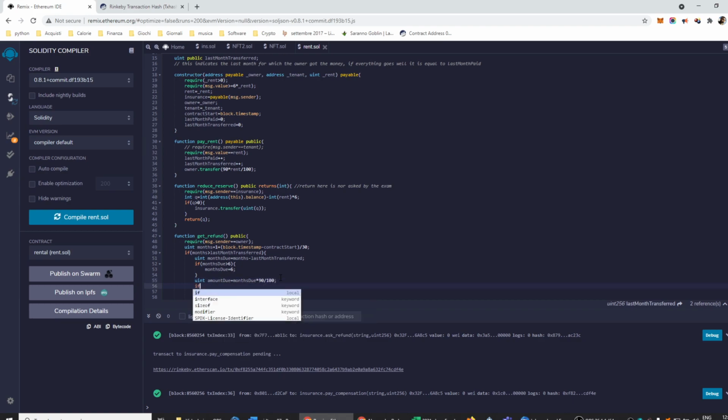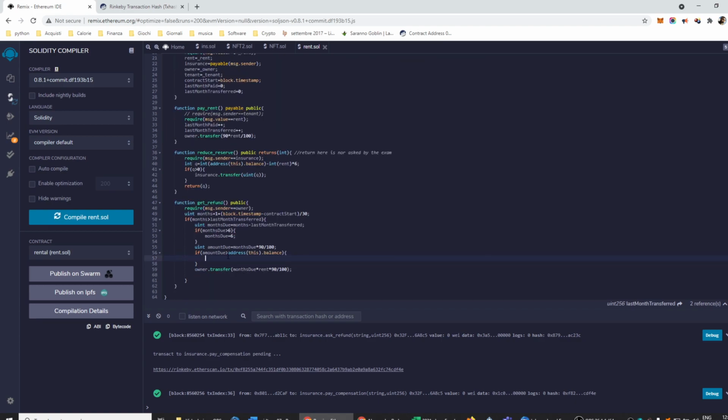However, if amount due is larger than address this dot balance, we're sorry, we don't have enough money, we pay only address this balance.